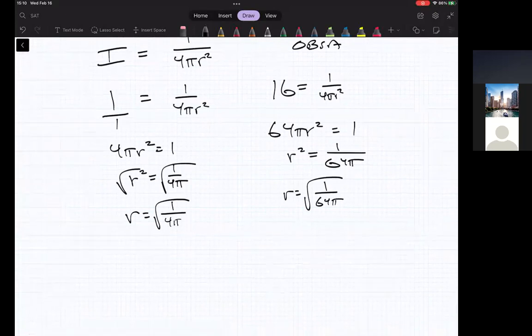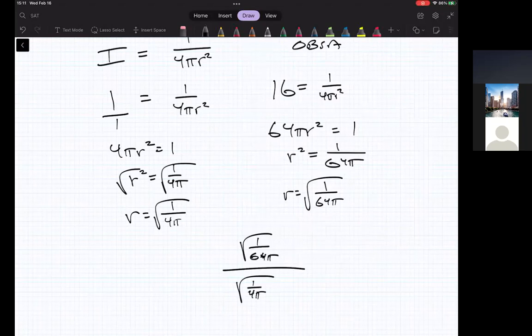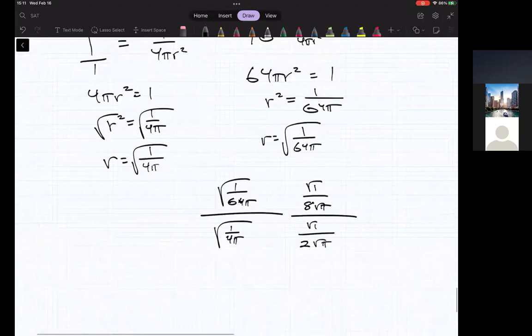Okay, so I'm going to take A's and divide it by B. Now, one thing that I have seen, don't try to cancel out your square roots. You can't do that, but you can simplify. This is square root of 1 over, and then this is going to be 8 square root of pi over square root of 1 over 2 square root of pi, and then everything basically cancels.